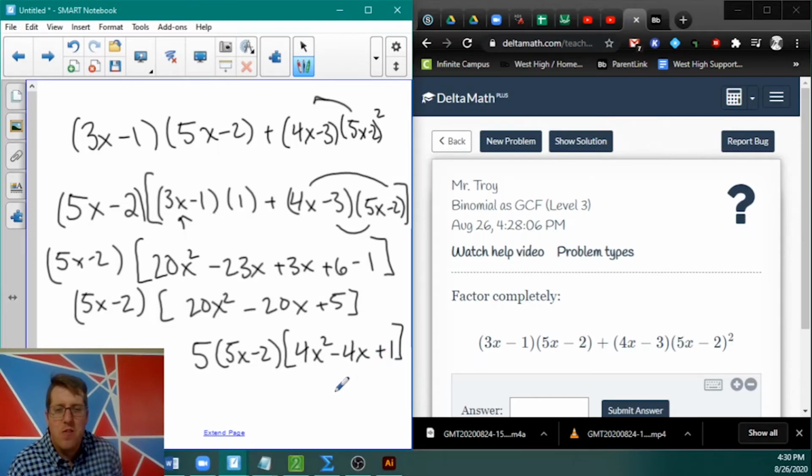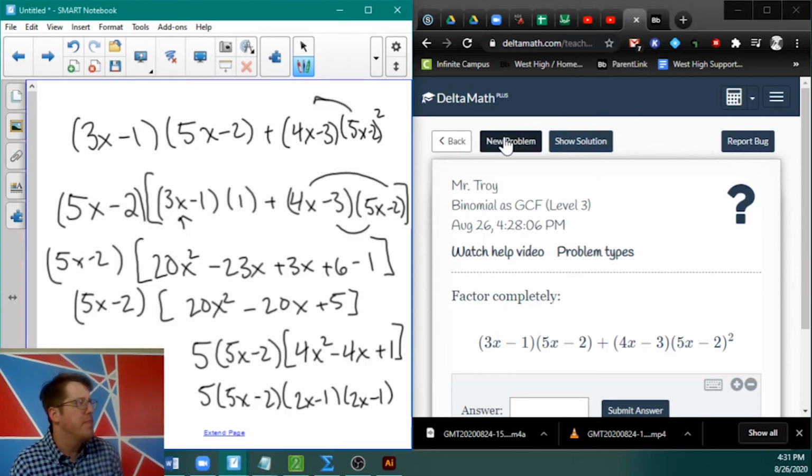Does that factor? Yeah. So does that factor to 2x minus 1 times 2x minus 1? Yeah. Okay. So that's my final answer. I'm wondering if I'm missing something. Only one way to find out. Let's do another and see if there's a pattern or something.